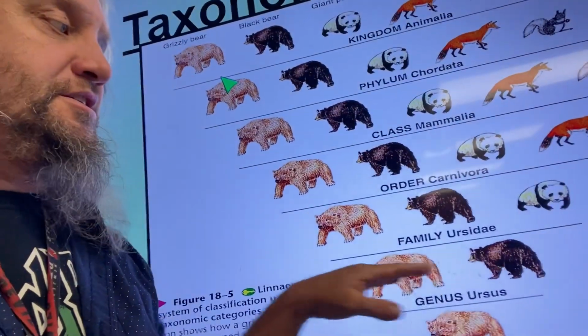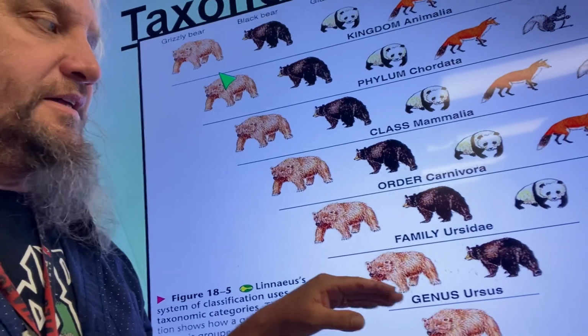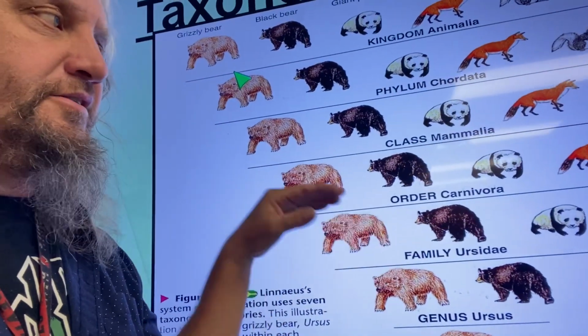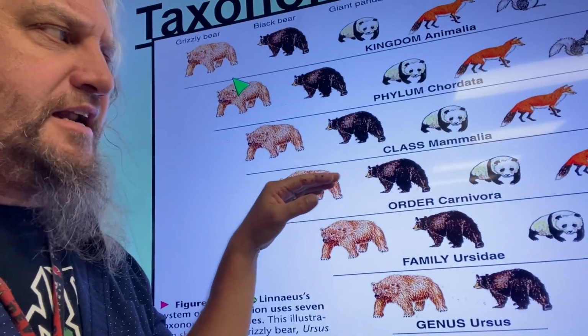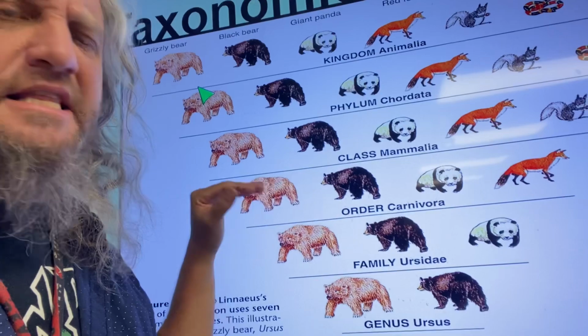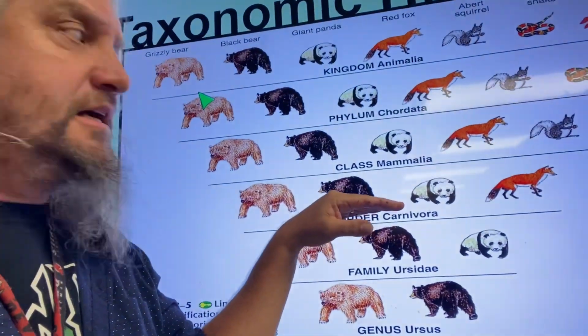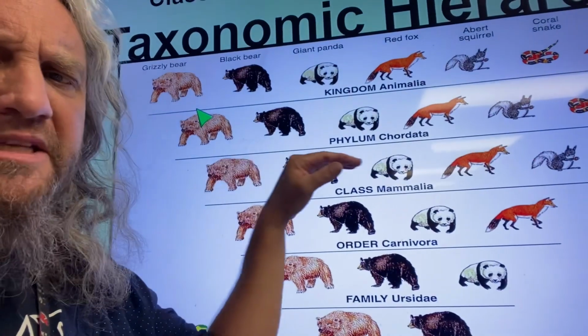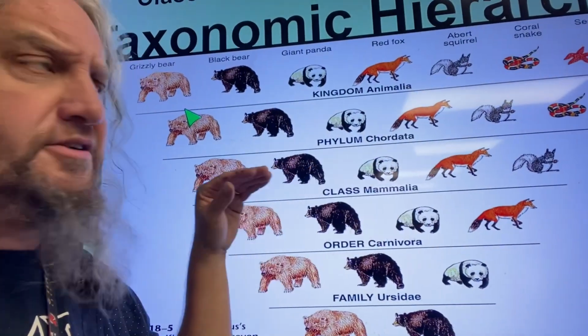There are Ursuses, and then there are other bear-like things out there called Ursidae. And then there are other things out there that have the specific kind of cutting teeth, the Carnivora. And then there are other things out there that are also mammals, that give birth to live young and nurse with milk.